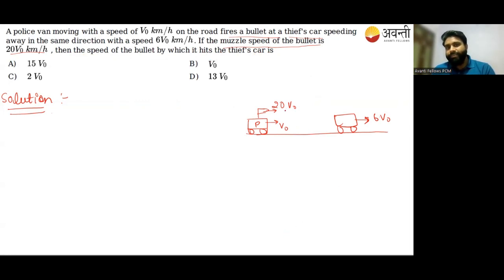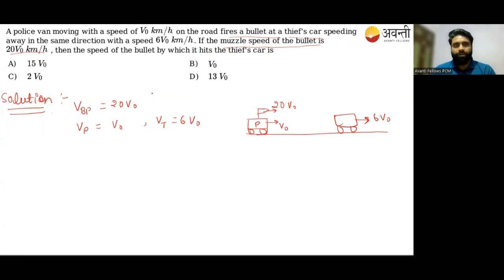Look, this 20 V0 is given here because this gun is inside the police car, or outside, you can say, but it is moving with the police car. So this 20 V0 is the velocity of the bullet with respect to the police. The velocity of police with respect to ground is V0, and the velocity of thief with respect to ground is 6 V0.